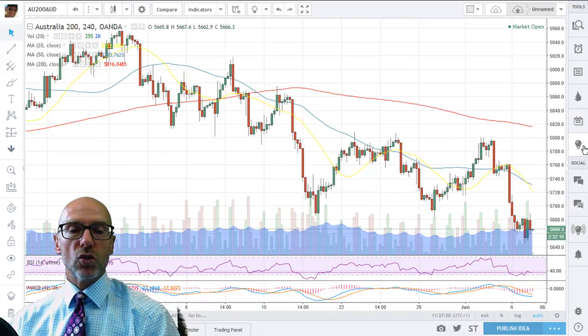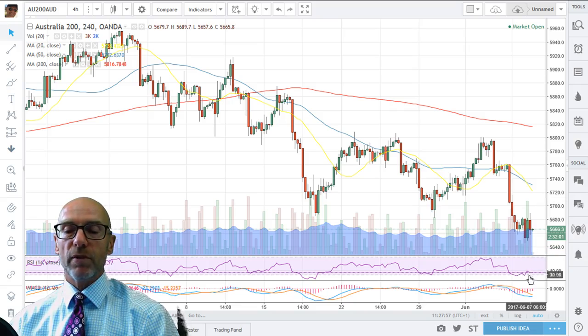On the short term, here looking at the 4-hour chart, you can see that we did become oversold. We've actually had a non-confirmation on the RSI, in that when the market reached the low, which was last night, the RSI didn't go to a new low, so it's a non-confirmation.